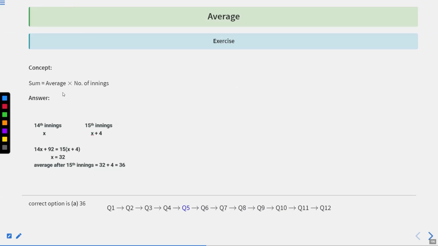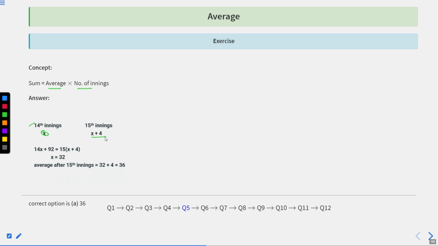Let me first tell you the concept that will be very useful in this question: sum equals average times number of innings. So let us see the solution now. Till the 14th inning, let us suppose his batting average was x. Since it is given that after the 15th inning his batting average increased by 4, the new batting average will be x plus 4.